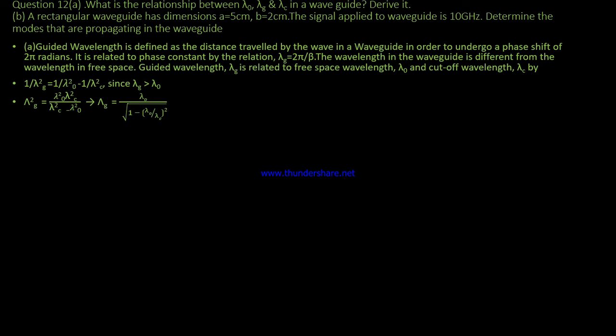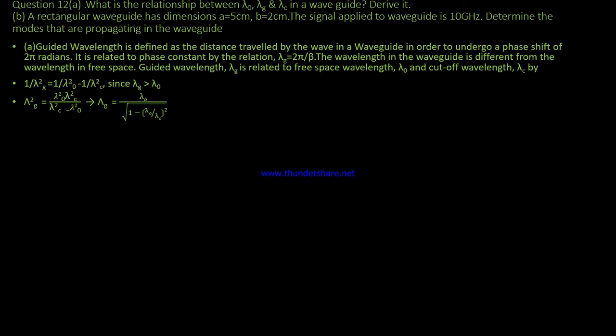Now, the guided wavelength is related to free space wavelength and cutoff wavelength by 1 over lambda g squared equals 1 over lambda naught squared minus 1 over lambda c squared. Lambda g is greater than lambda naught, that is, the guided wavelength is greater than the wavelength in free space.